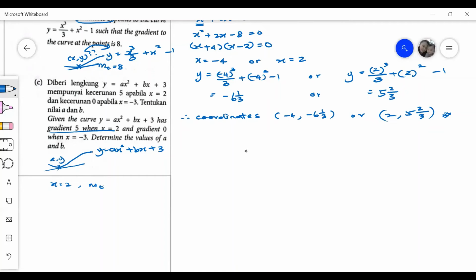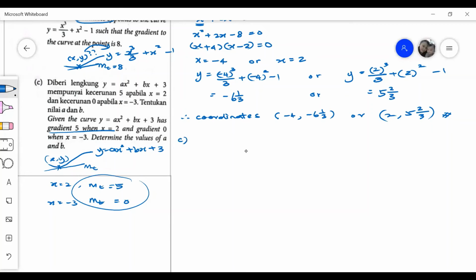Okay, this is the point, right? The gradient of the tangent. So they are interrelated, yeah? So when the gradient is 5, the x coordinate is 2, and the gradient of the tangent will be 0 when x is negative 3. So use this.